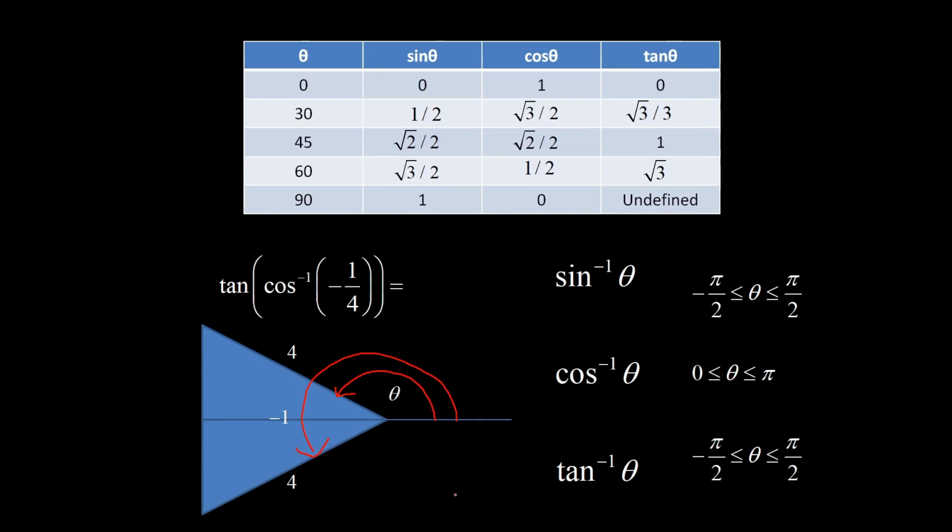How do we know which angle? We go to the domain restrictions. We know it can't be this longer angle because that's not within 0 to pi. So it must be this angle that's in quadrant 2.